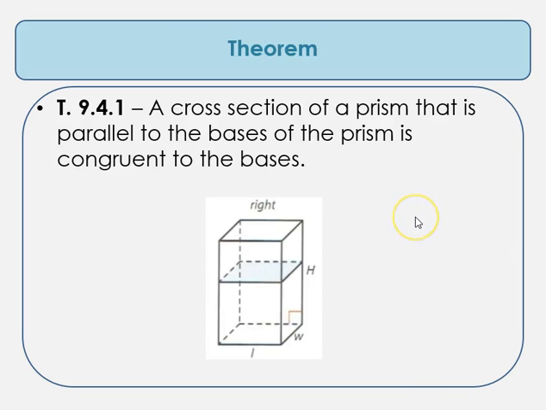Theorem 9.4.1. A cross-section of a prism that is parallel to the bases of the prism is congruent to the bases. If you have a prism and you cut it with a plane perpendicular to its base, that plane within this prism will be congruent to the base and to the top.